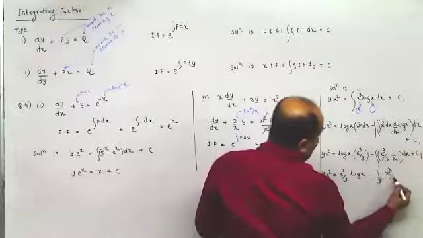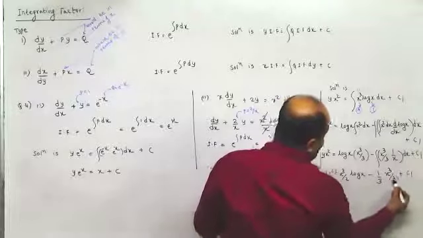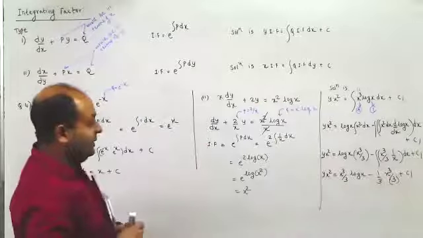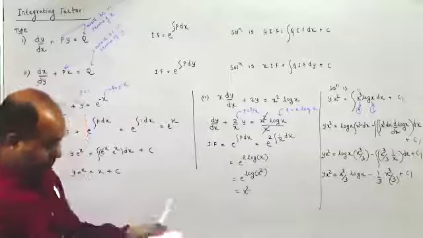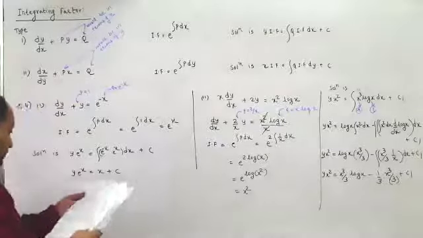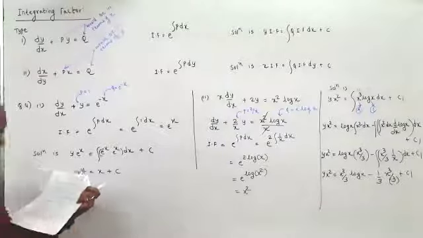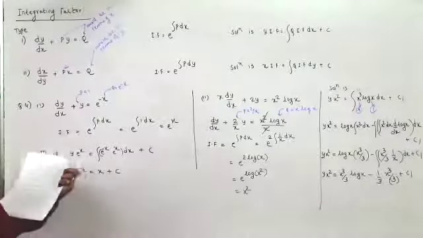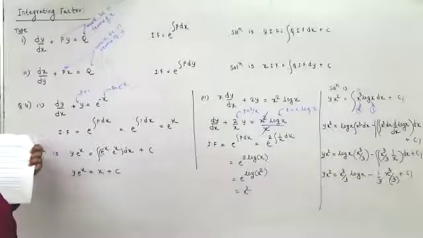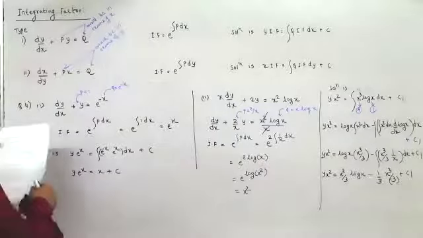X square would give me x cube by 3 plus c1. Can someone verify the answer?